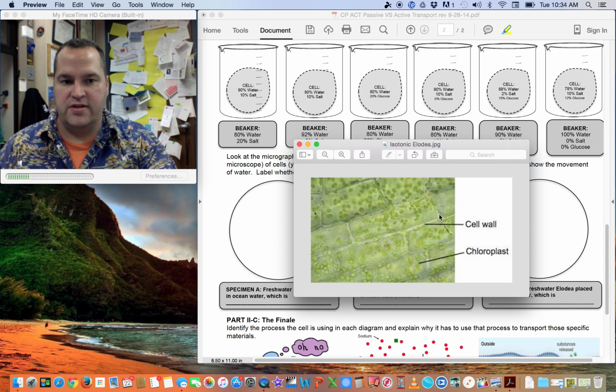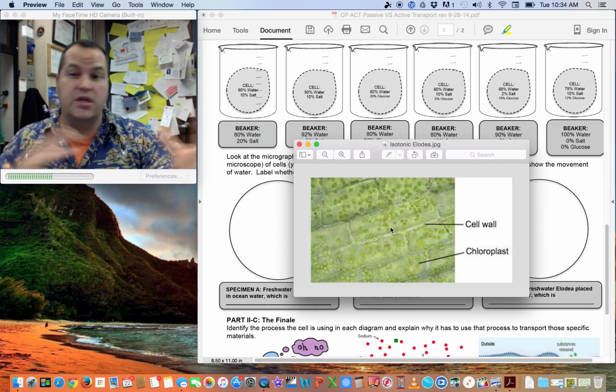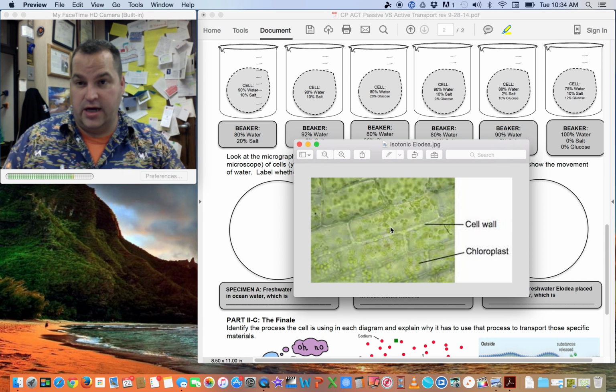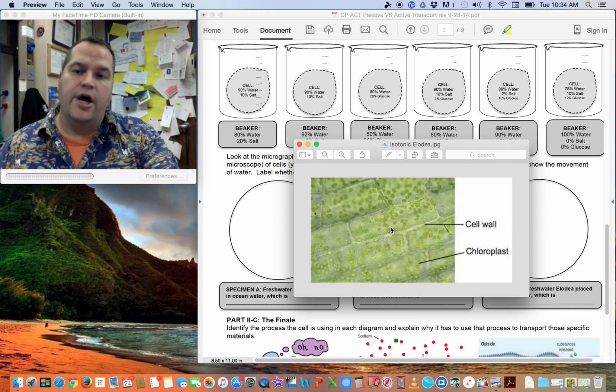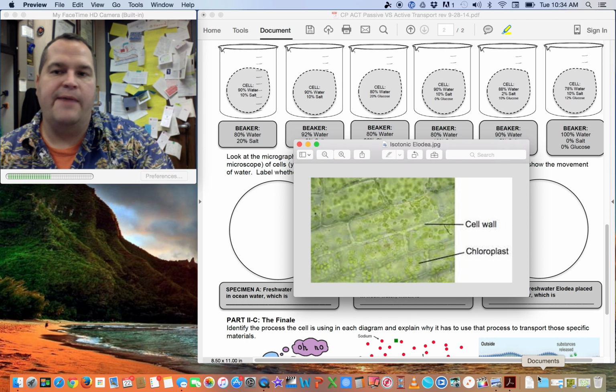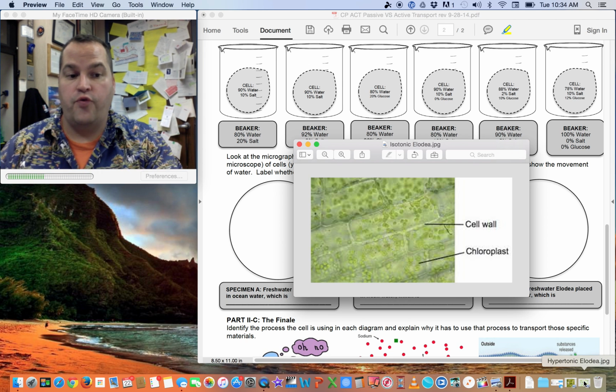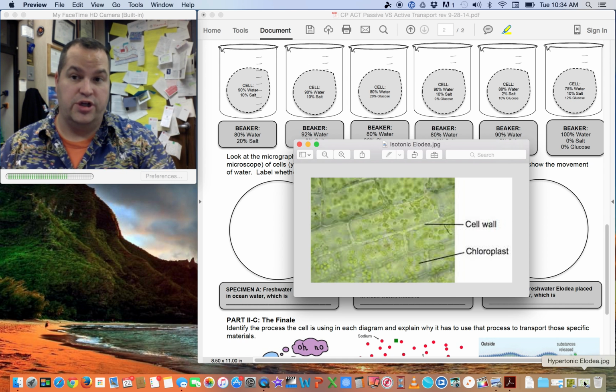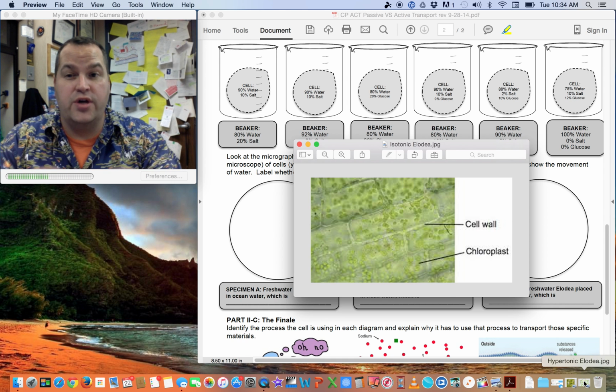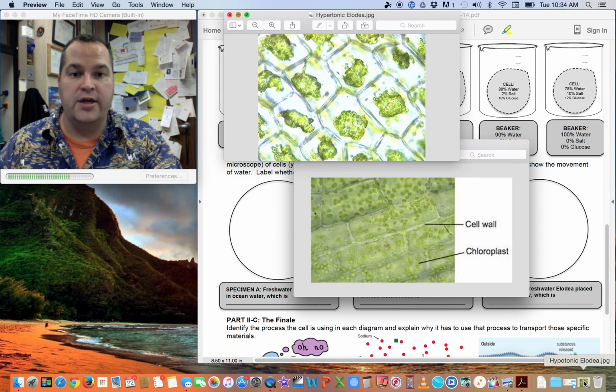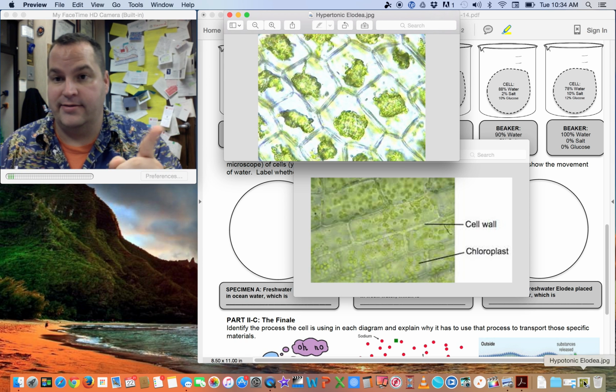Notice how you have the cell wall, the cell membrane, you have all of this stuff sort of evenly dispersed within a cell. Okay? Ocean water is a hypertonic solution. So if we were to look at a hypertonic solution, in other words, we take this Elodea and we soak it in salt water, it would end up looking like that. Okay?